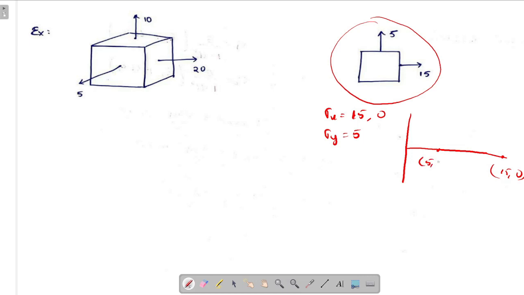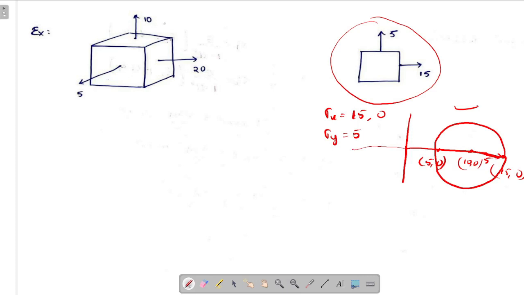And the sigma y point will be this one. Joining these two, at (10, 0) there will be the center with radius 5. We have to draw a circle. Okay, this circle looks like this. As both are tensile forces, this is to the right side of the origin. If they give compression forces, it will be to the left side of the origin.